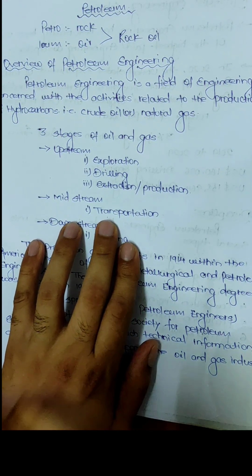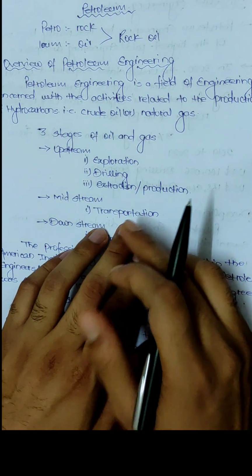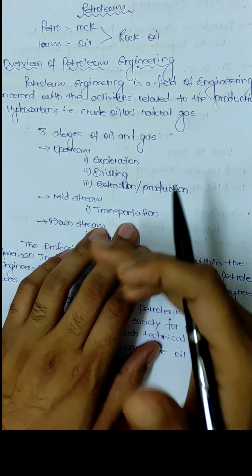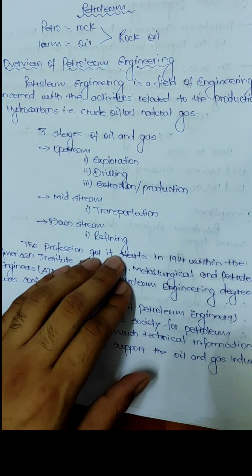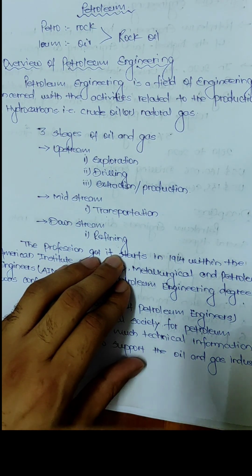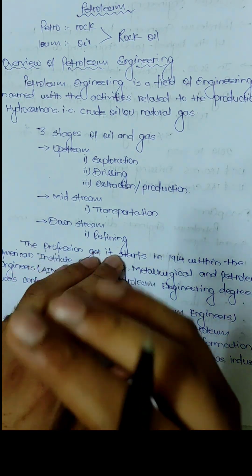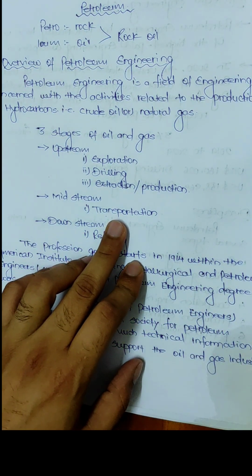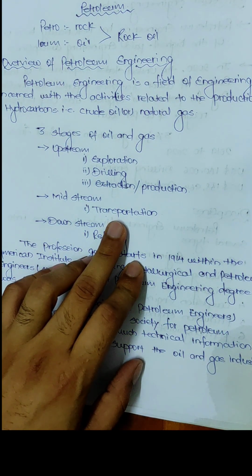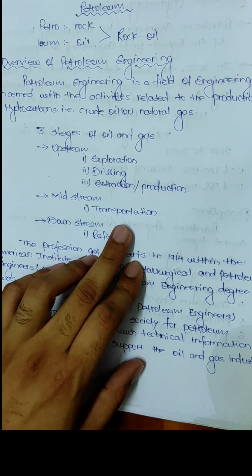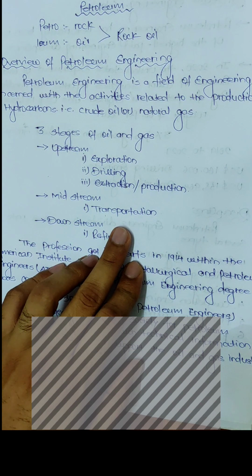We need to take those produced fossil fuels or hydrocarbons from offshore to onshore for the next stage to make them useful, because the crude oil produced from the subsurface is not directly useful for our daily life. In transportation, earlier we used ships, tankers, or vessels, and in today's context pipelines are used to transport oil from place to place.